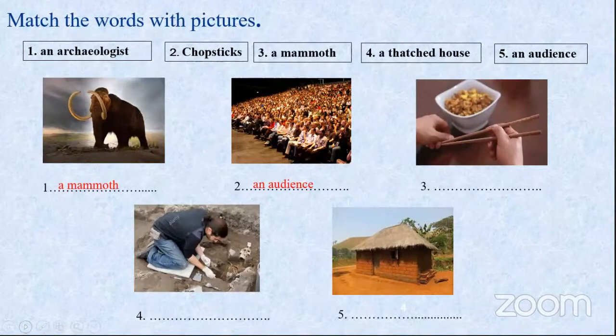Third picture, you have learned this part in the third unit, I think, the tools that we use to eat. In Japanese culture, in Japan, we can see these tools, and they use these tools to take their meals, and we call them chopsticks. Third one, chopsticks.